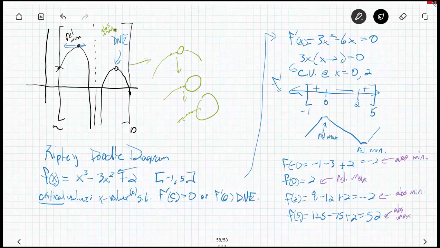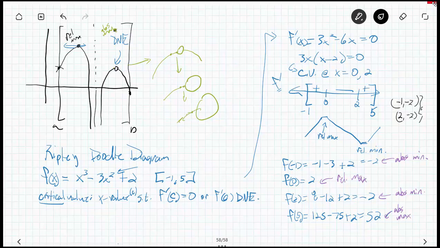A way to stay out of trouble, well, not always, because if I distinctly say give me the x values for which we have maxes and mins, then you would say -1, 0, 2, and 5, and tell me whether they were maxes or mins. But one way to always think about it is to present your values as points. So I can say -1, -2 and 2, -2.